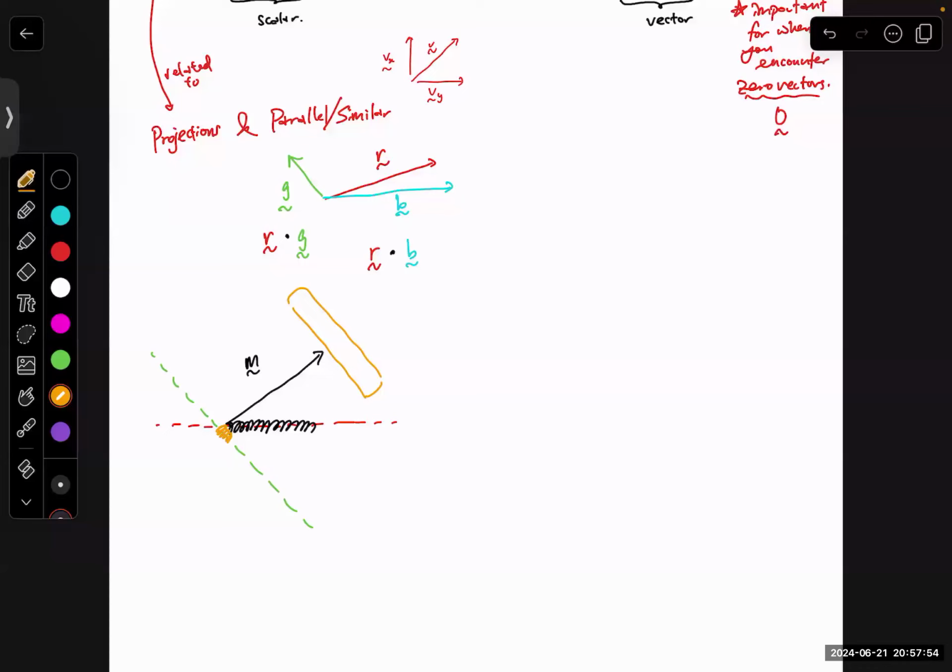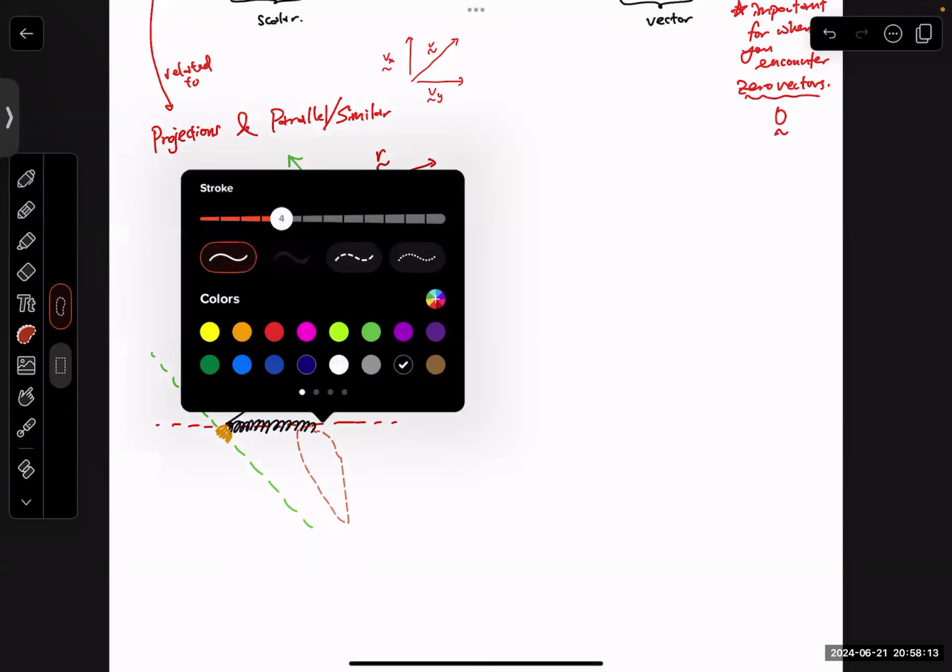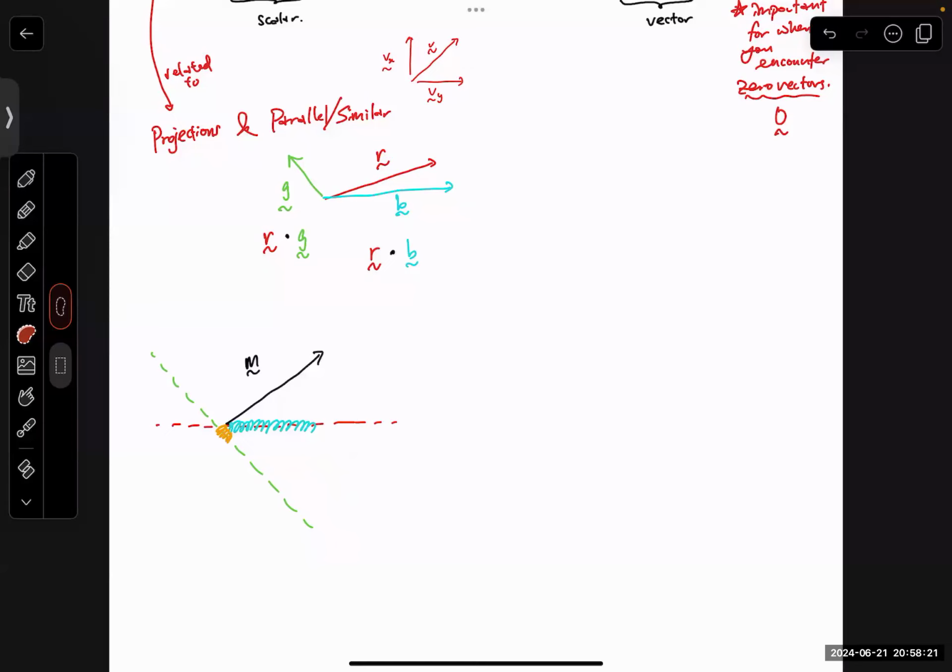Notice how in these two examples, when I slap this black color mosquito into two different orientations of my palm, I get two different squashed mosquitoes. Let me erase the palm. I get this blue color one, and I get this orange color one.